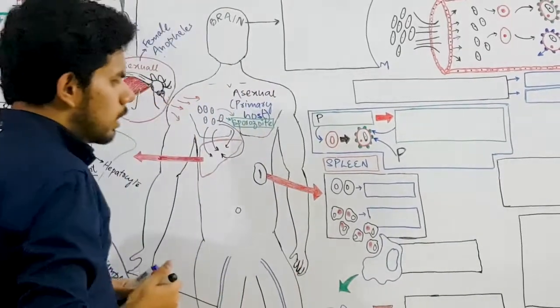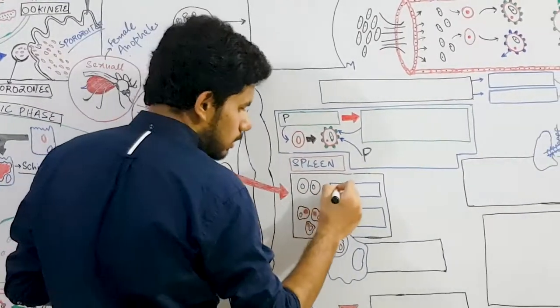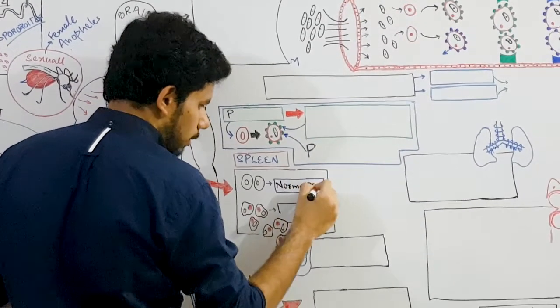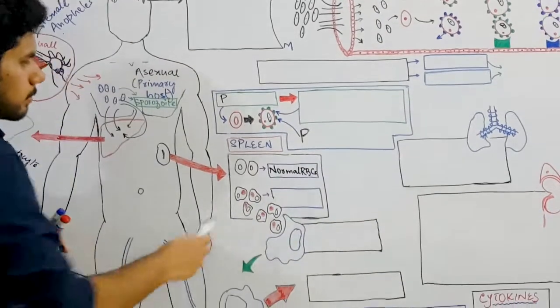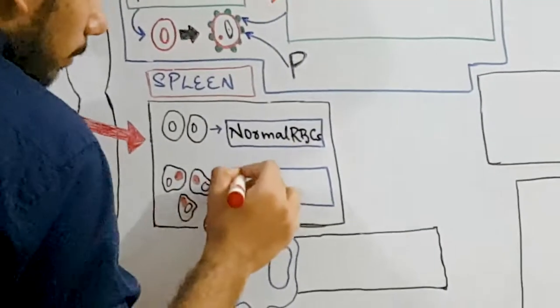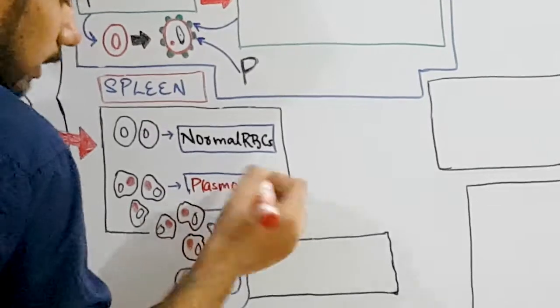Now you can see these are normal RBCs in the spleen, and these are deformed, or you can say plasmodium containing RBCs, or infected RBCs.